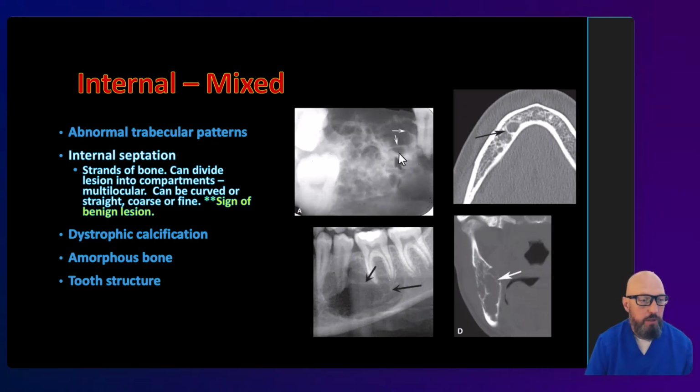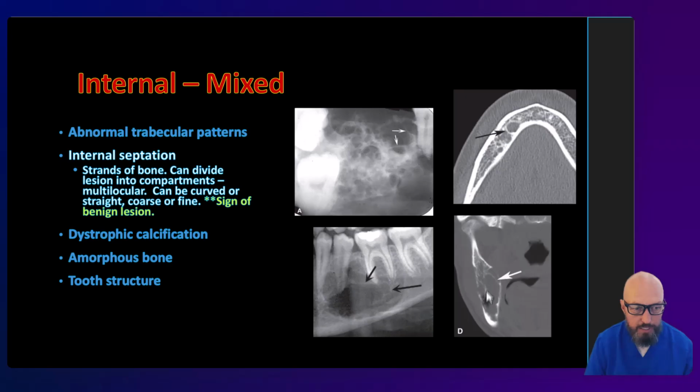The patterns are typically, we would call this soap bubble, when it actually looks like soap bubbles, very round loculations, different sizes. And so that's a great descriptive term. And Ameloblastoma is the one you should think when you see that soap bubble appearance. When you see these wispy, faint septation, particularly in the mandible anterior to the first molar, that a lot of times is descriptive for central giant cell granuloma.